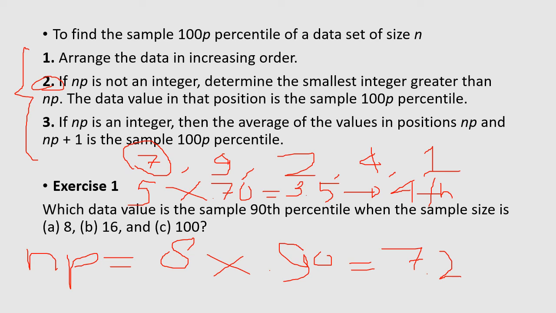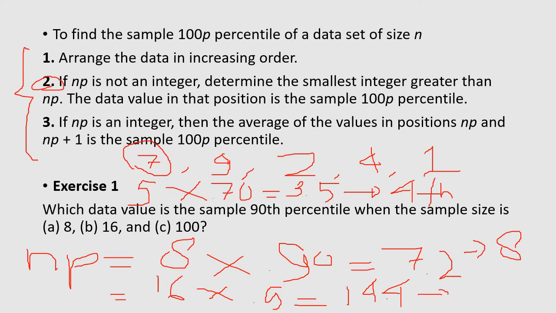So we got 8. There you go. So that's the first one. And let's do the second one. We got 16 times the same. We are interested in the 90th percentile, right? So 16 times 0.9. So we got 14.4.